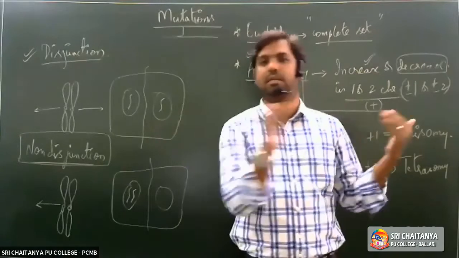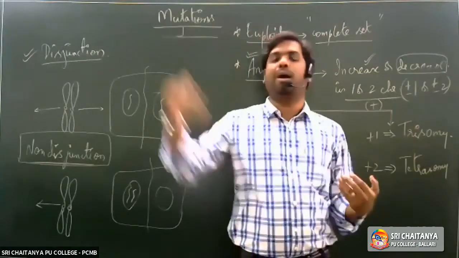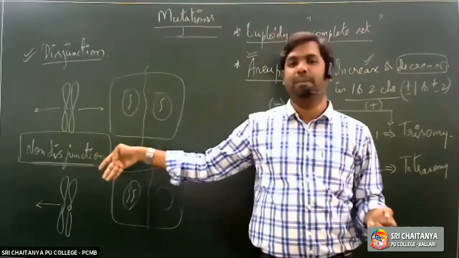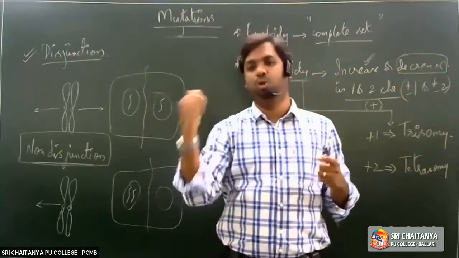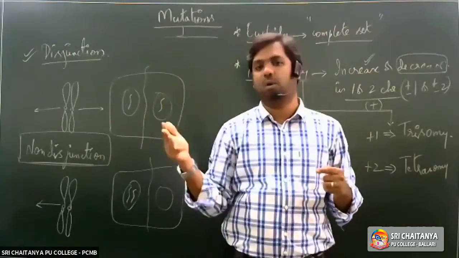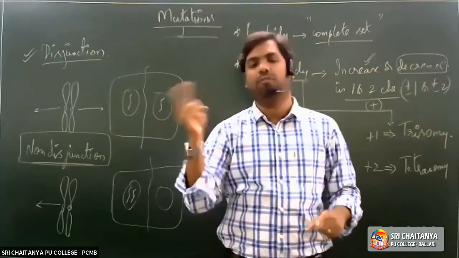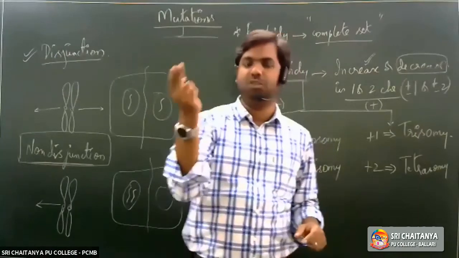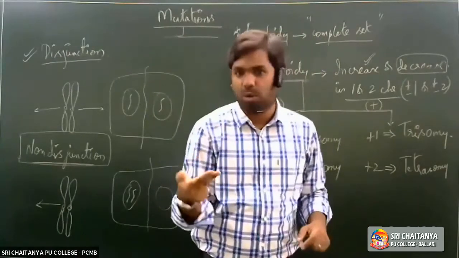We also call it chromosomal aberrations. Under chromosomal aberrations, we saw four different types: deletion, duplication, inversion, and translocation. Under translocation, we saw two categories: interstitial translocation and reciprocal translocation.